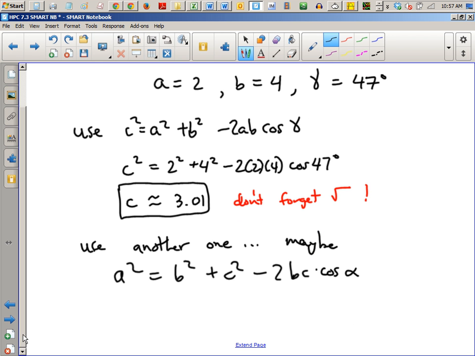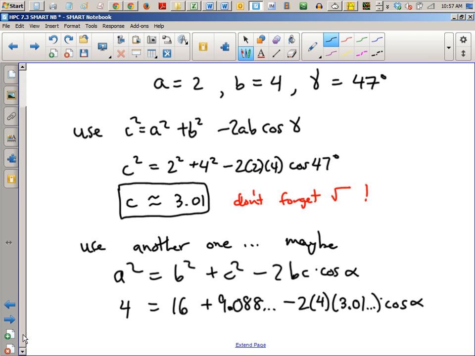You see I put a little dot before my cos alpha. You'll see why in a minute. So if you put in the numbers, we have 4, 16, c squared is 9.088, I can still see it on my calculator screen, minus 2 times 4 times 3.01 times cosine alpha.